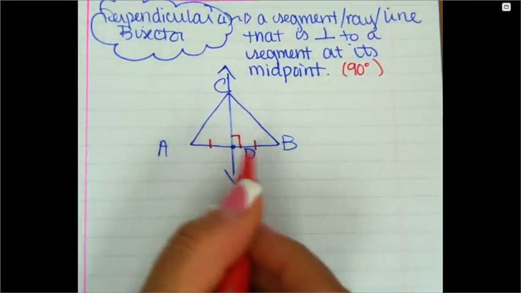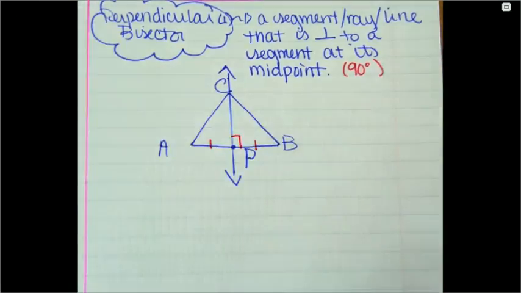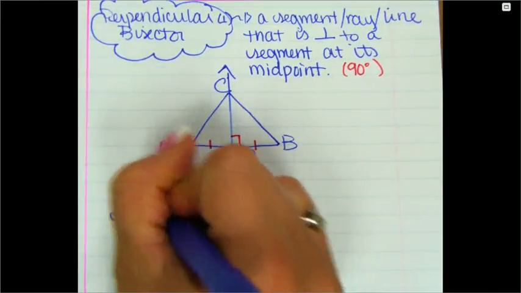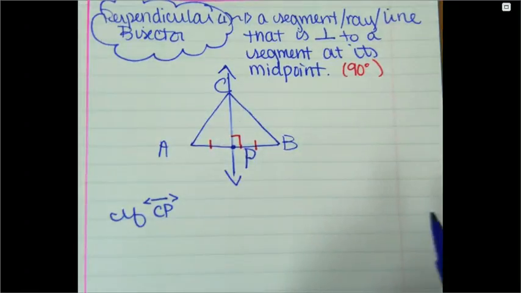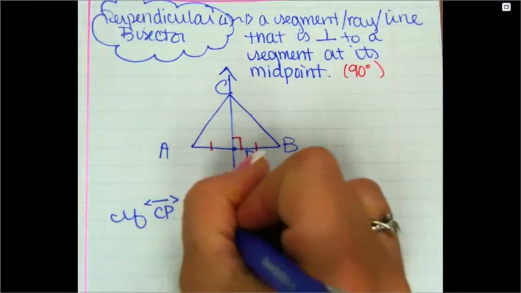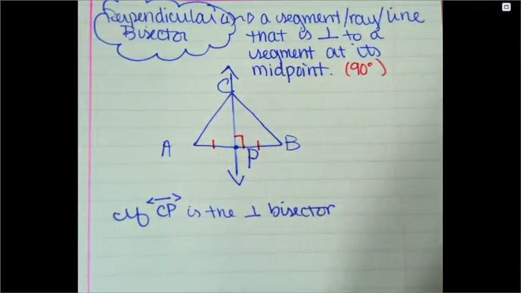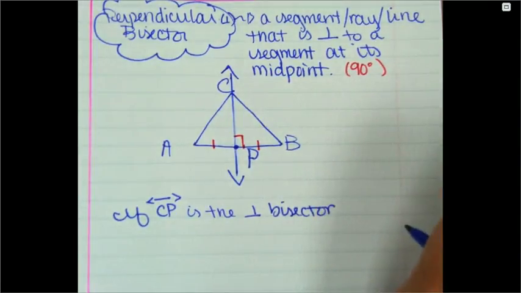That is just the definition. Do you understand? Okay. So it says this: if line CP, hence the two arrows, which means it's a line, is the perpendicular bisector, right?